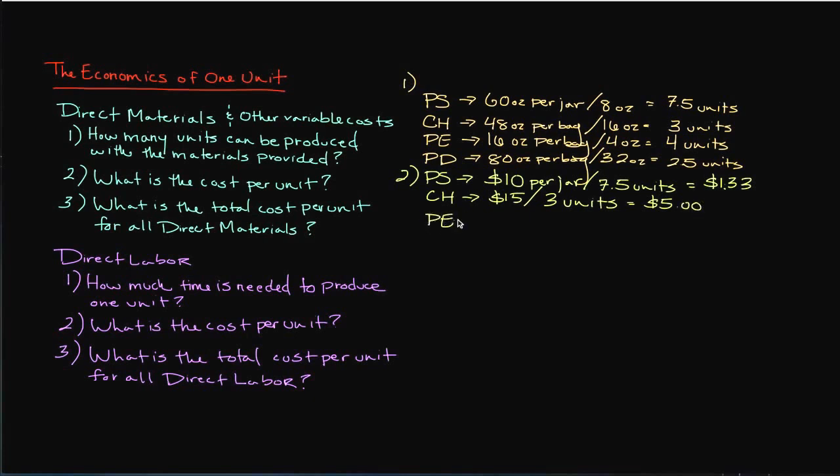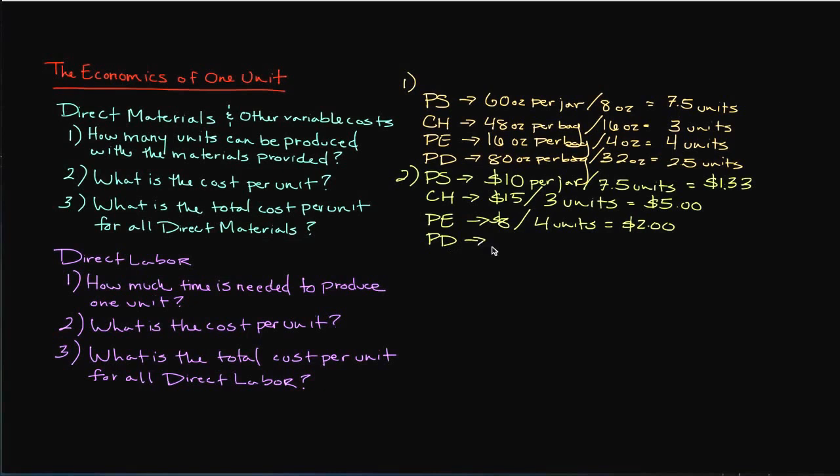Again, pepperoni will cost us $8 per bag, and we're going to generate 4 units, which means that'll end up costing us $2 per unit. You can see how this is adding up fairly quickly, right? That $12 selling price per unit isn't looking as good as it did before.